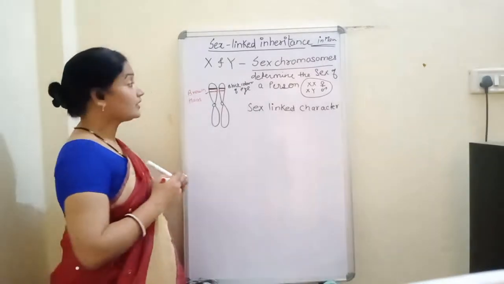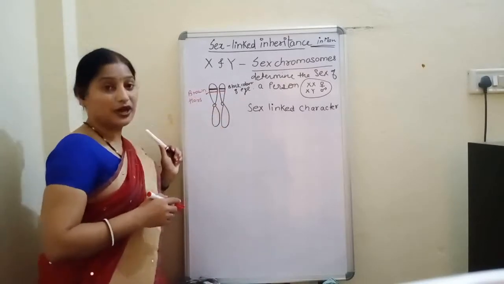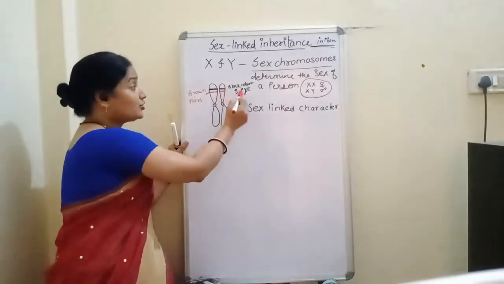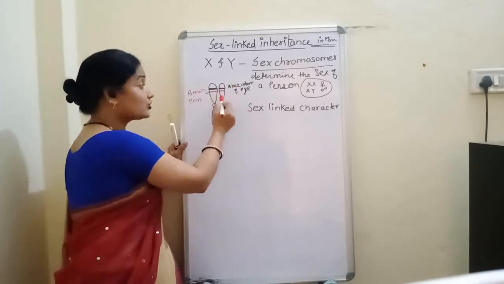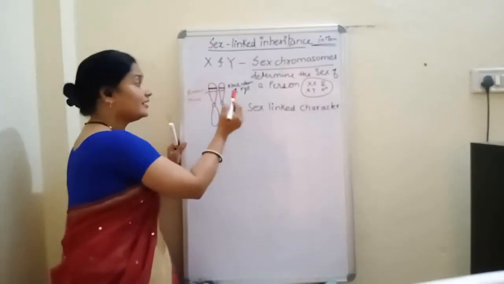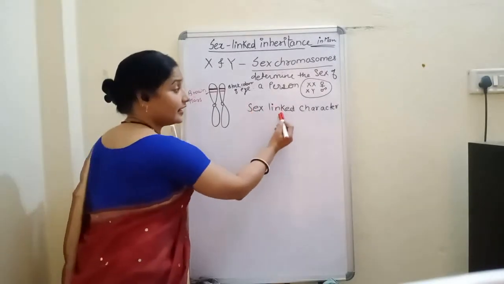Understood? This is black color eye and this is brown hairs. Now, if these two characters are present on the sex chromosome, then these two characters are called the sex-linked characters.